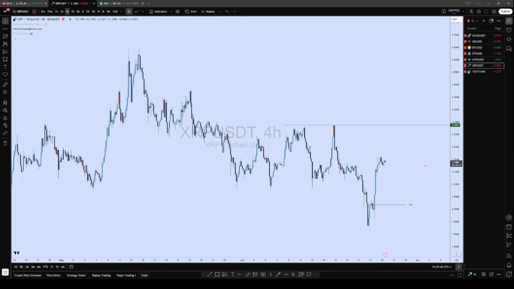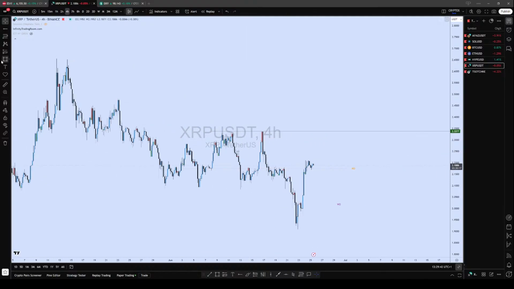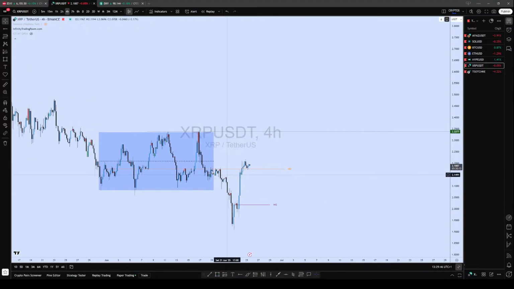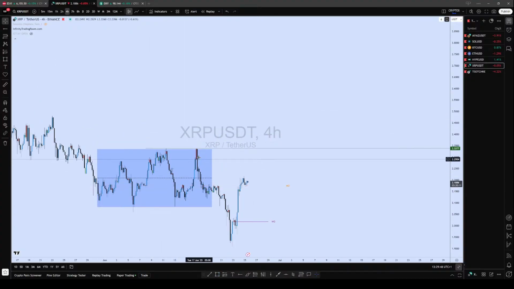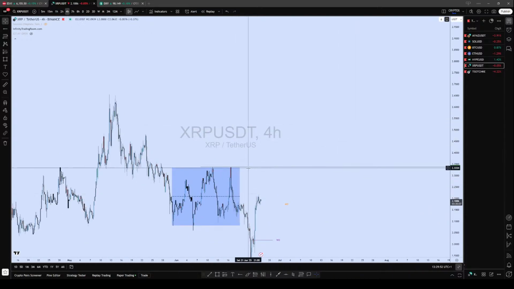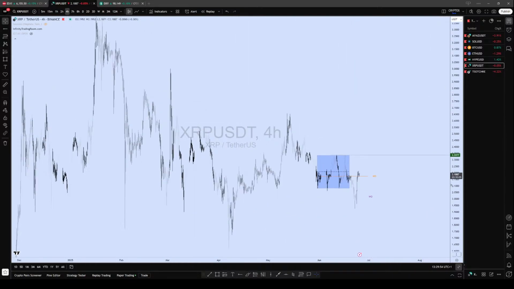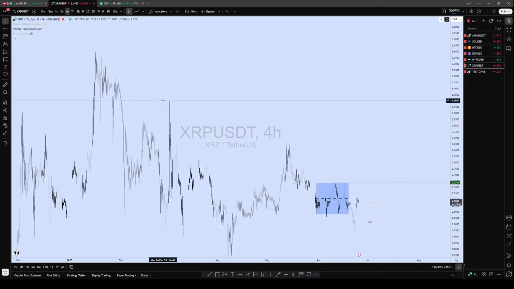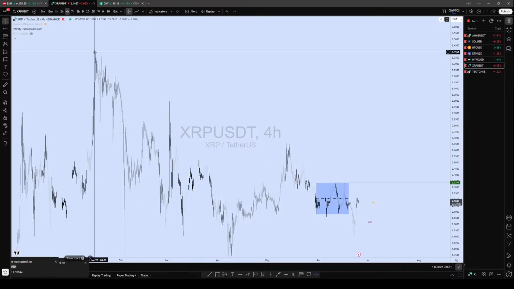And looking at it from a structural perspective, all of this, right, consolidation, and then we manipulate down. So if we can break this, then I think we'll be coming for this high. If there's any gap, they might fill it, but then we'll be coming for this high and that high.